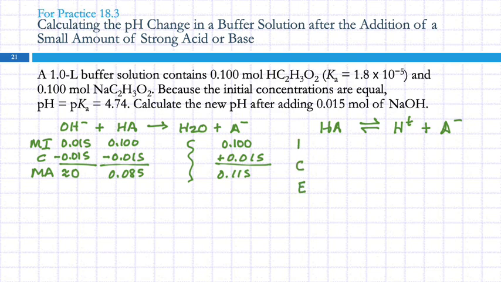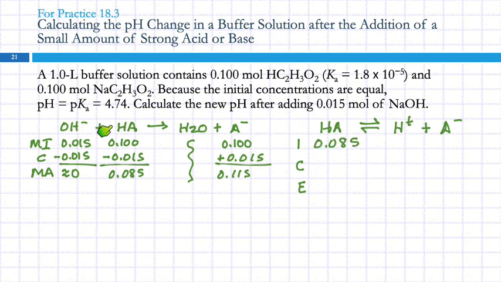My initial concentration of acid is 0.085 moles in 1 liter. They say you can do it in moles, but I think it's better to just always do it in molarity. 0.085 divided by 1, so this is 0.085 molar.